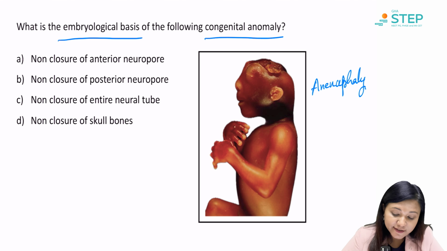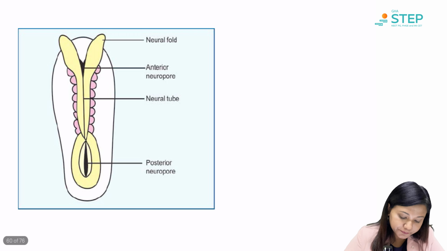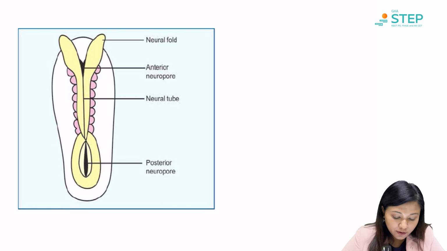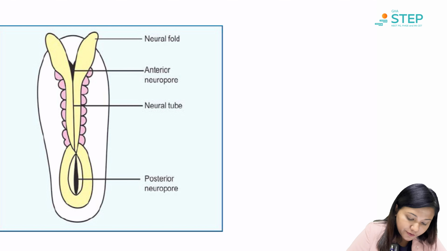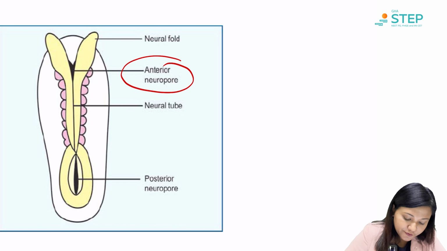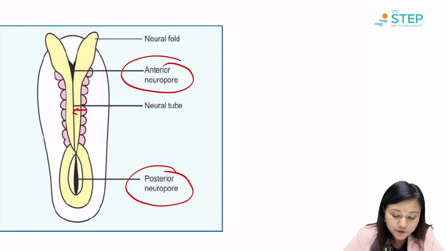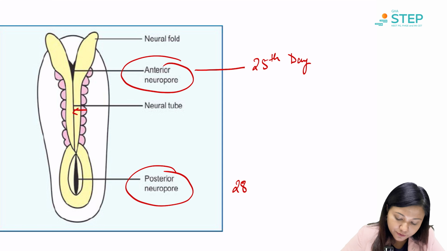So let us study a little bit about neural tube defects. Now this is the developing embryo, and you have two parts here. One is the anterior neuropore, this is the entire neural tube, and then you have the posterior neuropore. The anterior neuropore closes by the 25th day and the posterior neuropore closes by the 28th day.